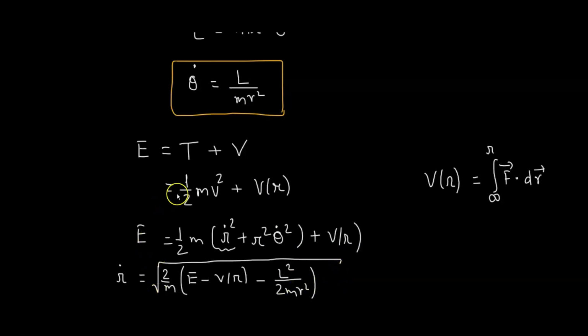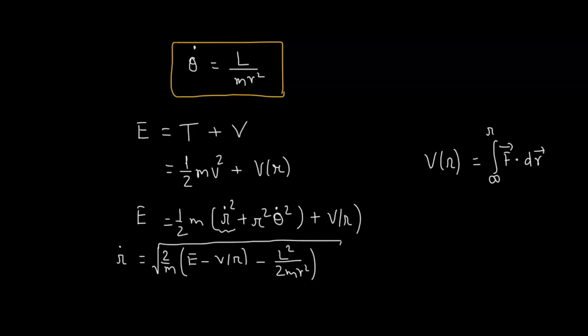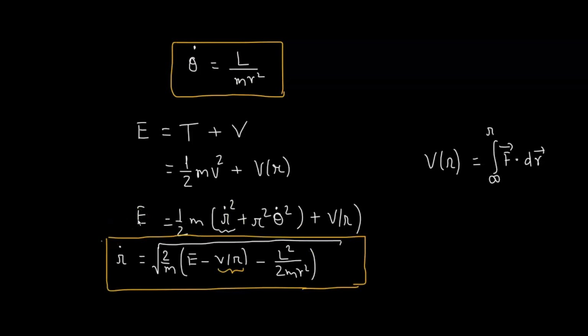So what we have here are two first order differential equations. One is in terms of theta dot and another one is r dot. Now if we consider the differential equation r dot equals this particular expression, we can say that r dot, which is the time derivative of the radius, is a function of r.